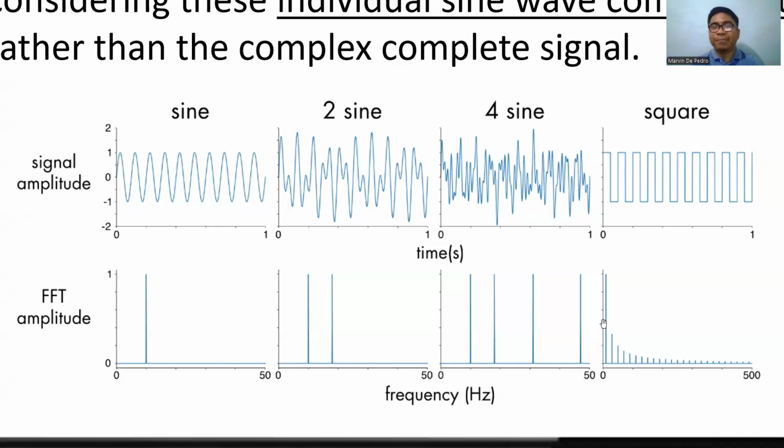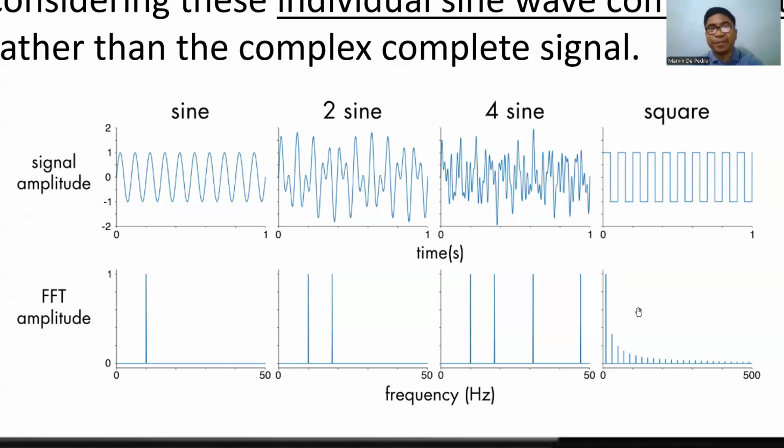But if we have other types of signals like square waves, square waves are basically a sum of different sinusoidal signals with differing amplitude and phase. If you look at the square wave, it has this kind of spectrum. It has an infinite number of what we call harmonics. So it has one fundamental signal and then an infinite number of harmonics.